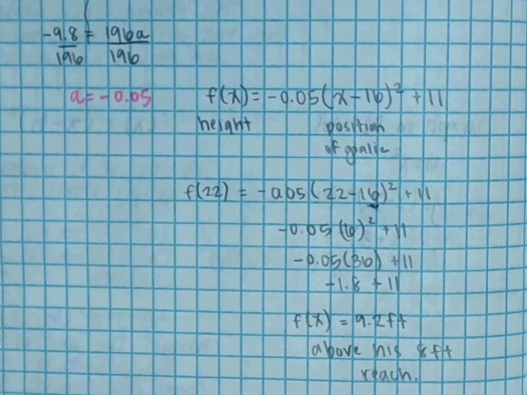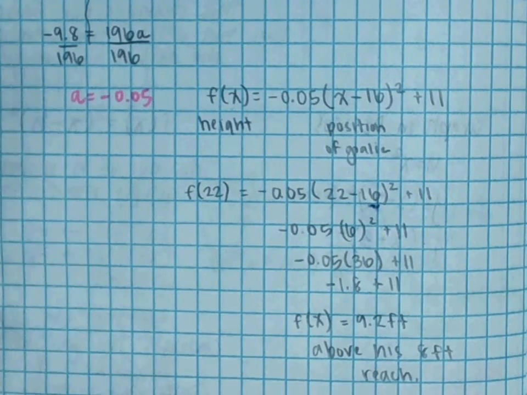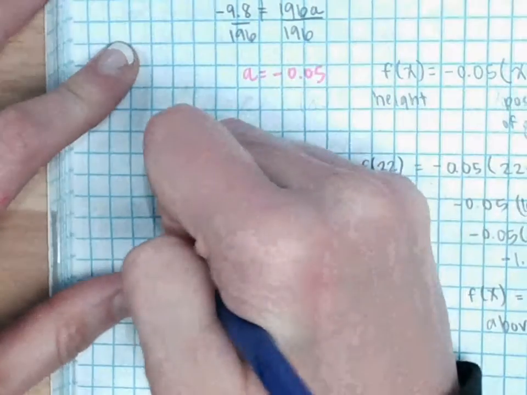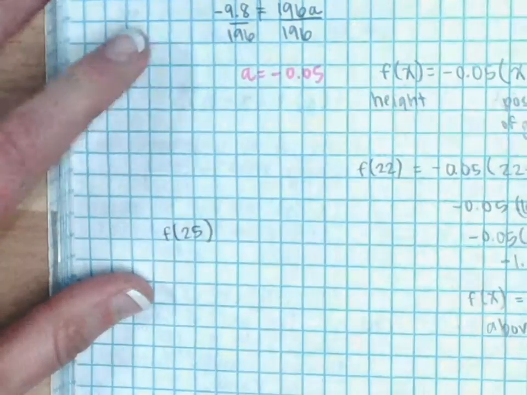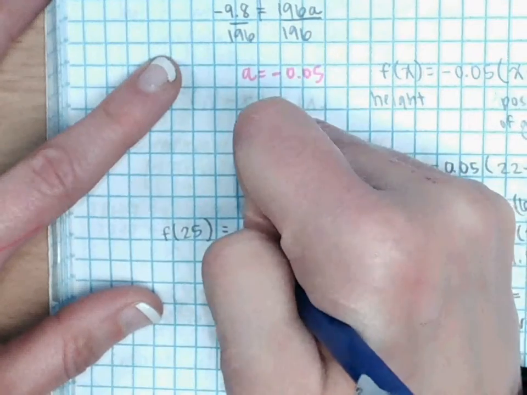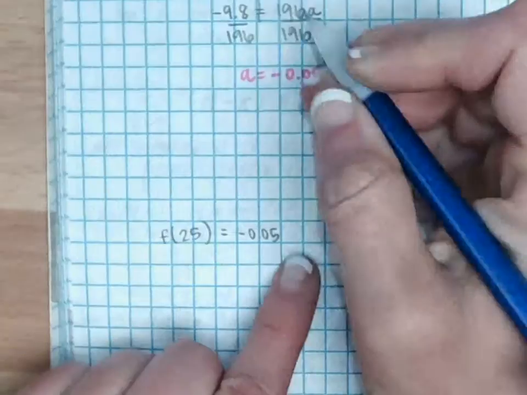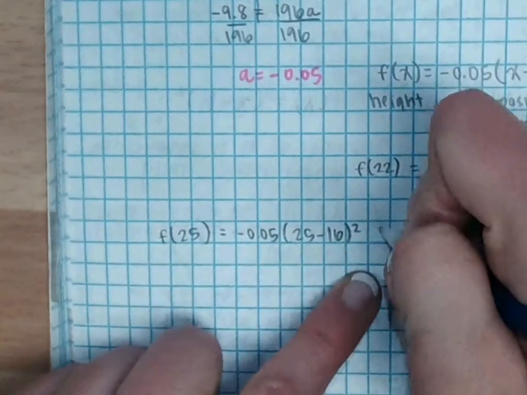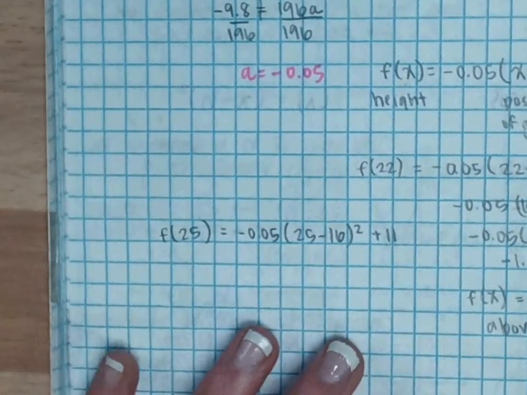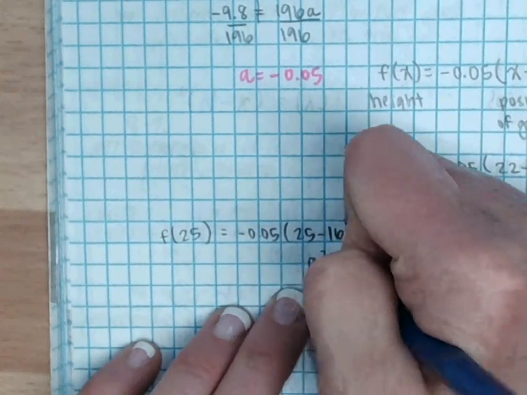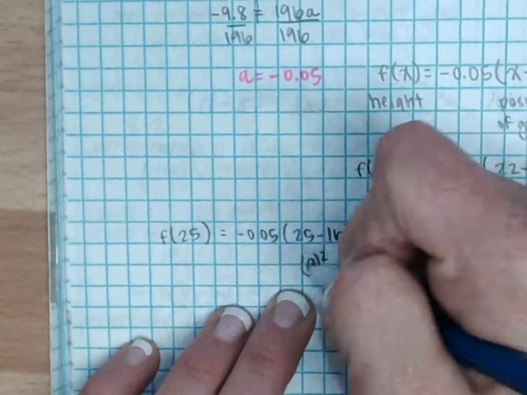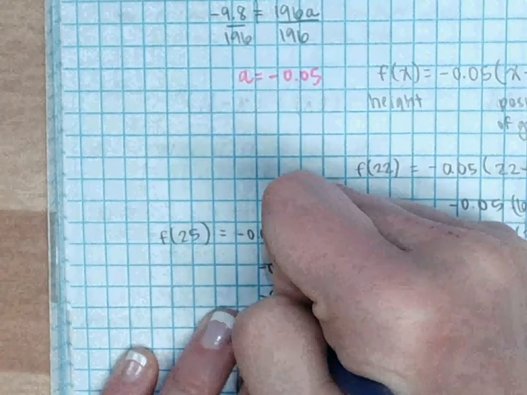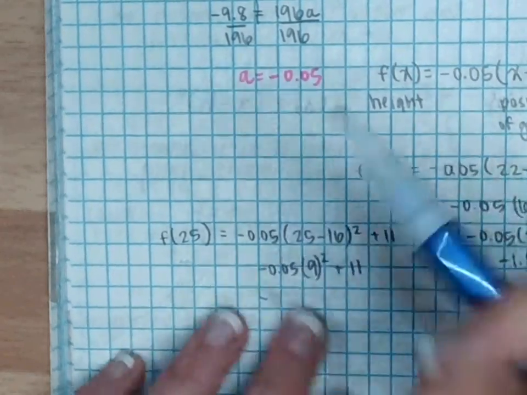Now let's say he was not standing 3 feet in front of the goal. Perhaps he was standing at the goal at 25 feet. So if we plug in 25 feet, we can see if he was standing there, would he block the soccer ball? So I'm going to plug in 25 instead of 22. When I do that, I get 9 squared, which is 81.